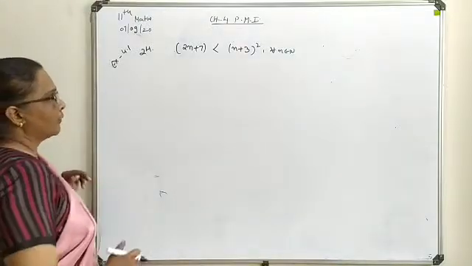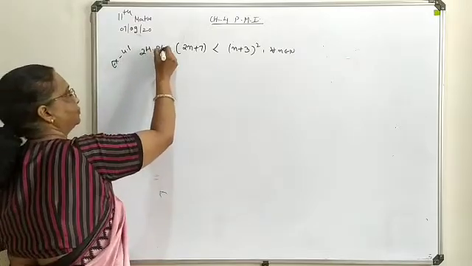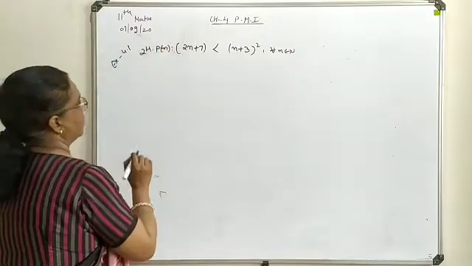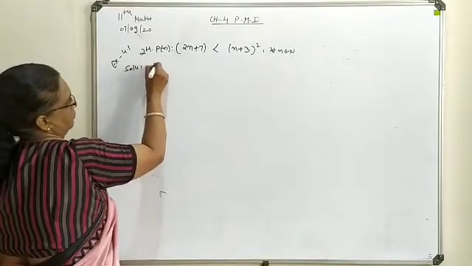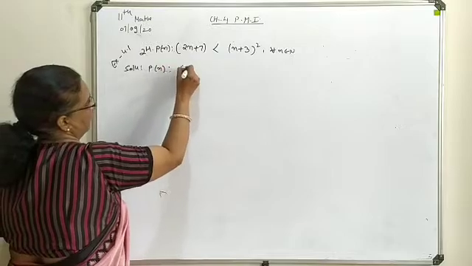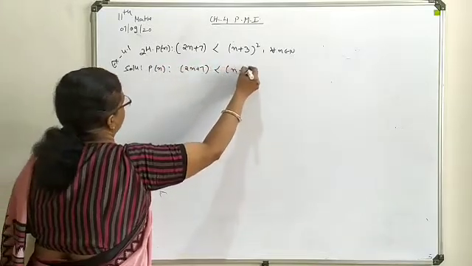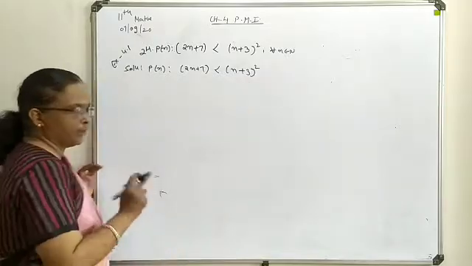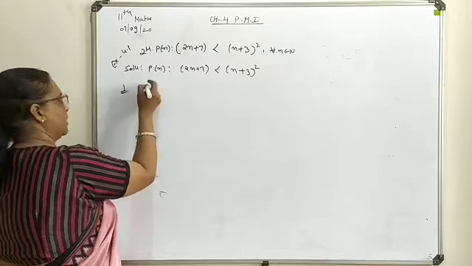Now here, again the method will remain the same. This is your Pn. So let's start with the solution. Now inequality is available, so we have to be quite conscious while writing the solution form. That's why I am going to attend this one first. So the first step will remain the same.